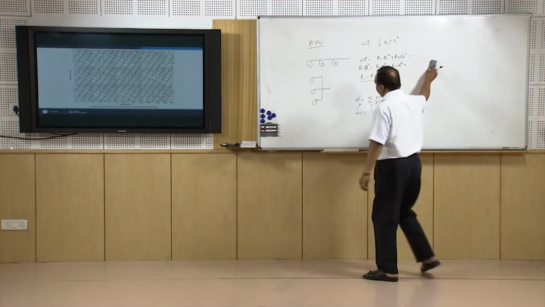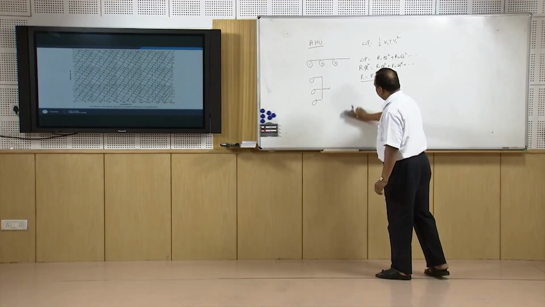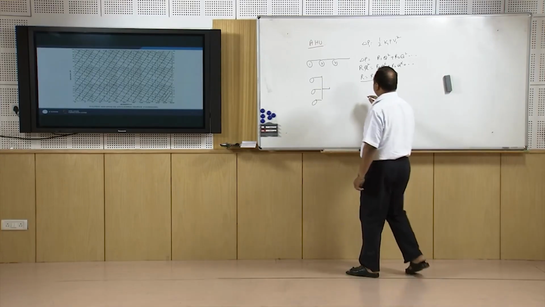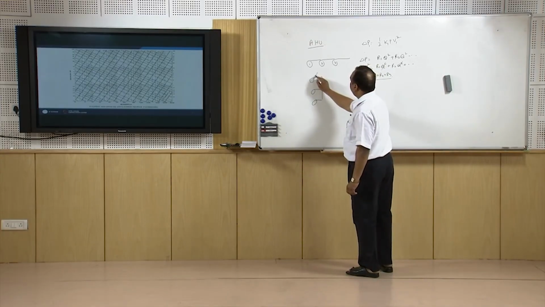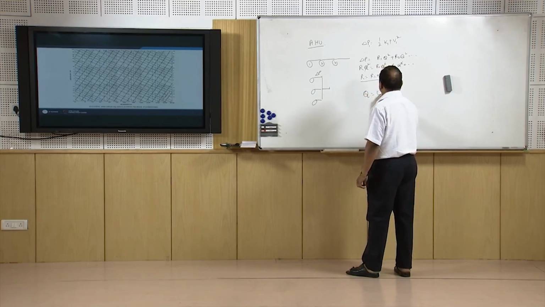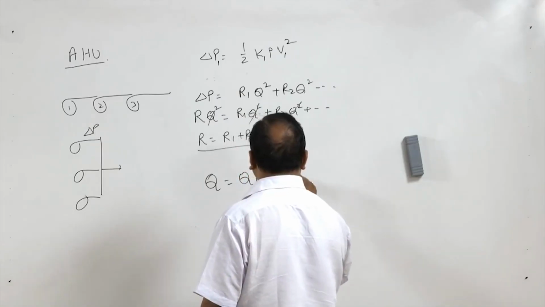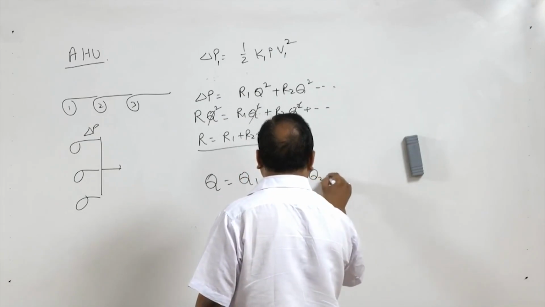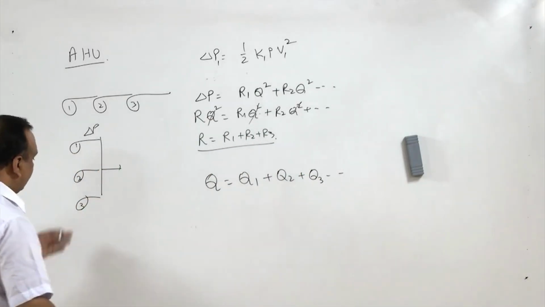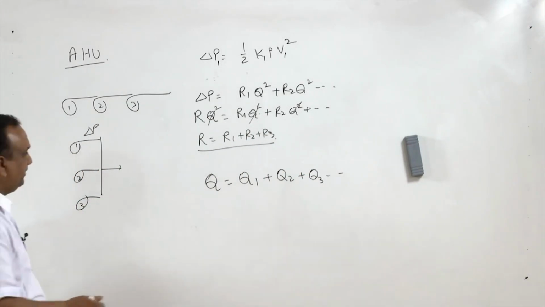Now suppose fans are connected in parallel. In that case delta P is going to remain constant and Q is equal to Q1 plus Q2 plus Q3 and so on. This is 1, 2, 3, and if there are more numbers, it can go up to n.